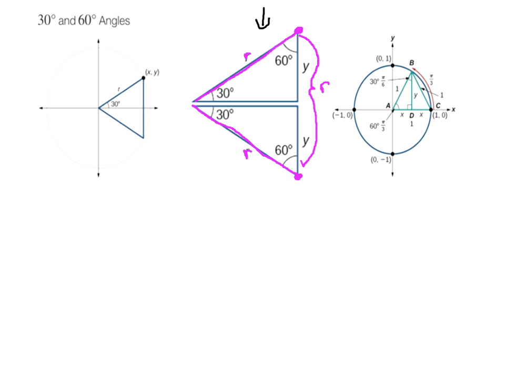So if I just look at one of the triangles, then that side right there has to be equal to half of r. Let me stop there and say, did that make sense? How I'm able to call that leg, basically the y value, or the y side, the opposite side of the right triangle, half r.